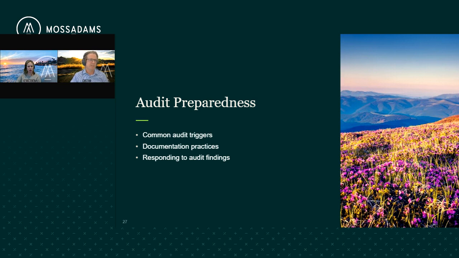Late ICE submissions can be a trigger, and that's probably one of the more common ones. And finally, deviations from benchmarks or prior performance metrics might signal issues to auditors. I would say additionally, as an aside, that cybersecurity compliance gaps are increasingly becoming audit triggers, and could potentially become more of an issue under CMMC.